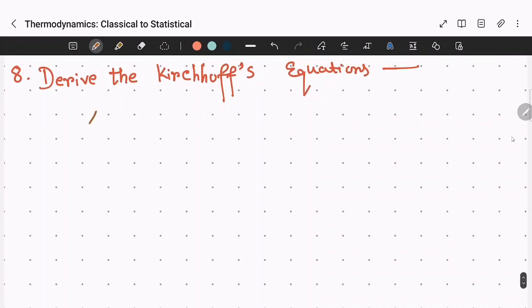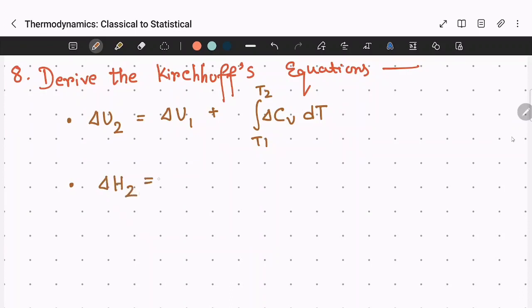First Kirchhoff equation is del U(T) equals to del U0, or we can write del U2 equals to del U1 plus integral from T1 to T2 del CV dT. This is the first equation, and this is the second equation. Or you can write it like this. The same thing.